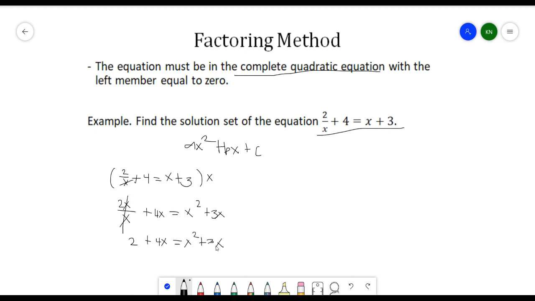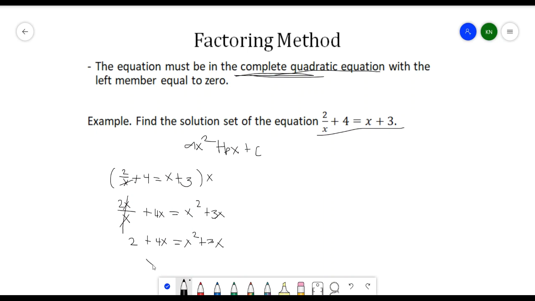Now we just have to rearrange this so that we come up with the complete quadratic equation. We have x squared, so we need to equate our equation to 0.